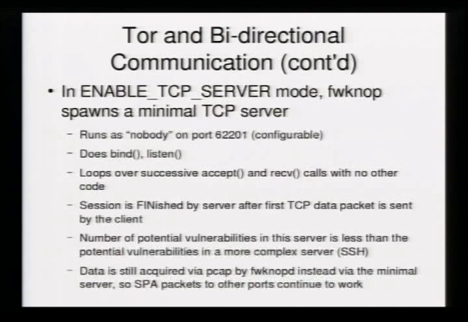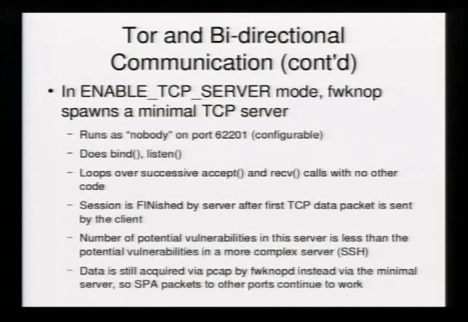So how can we do this in a way that enhances security? In the 0.9.7 release of FWKNOP, there's a new mode that allows a TCP server to be instantiated by FWKNOP with the following characteristics. It listens on a high port, specifically 62201, which is the same port that the UDP communication normally takes place over. It runs as nobody.